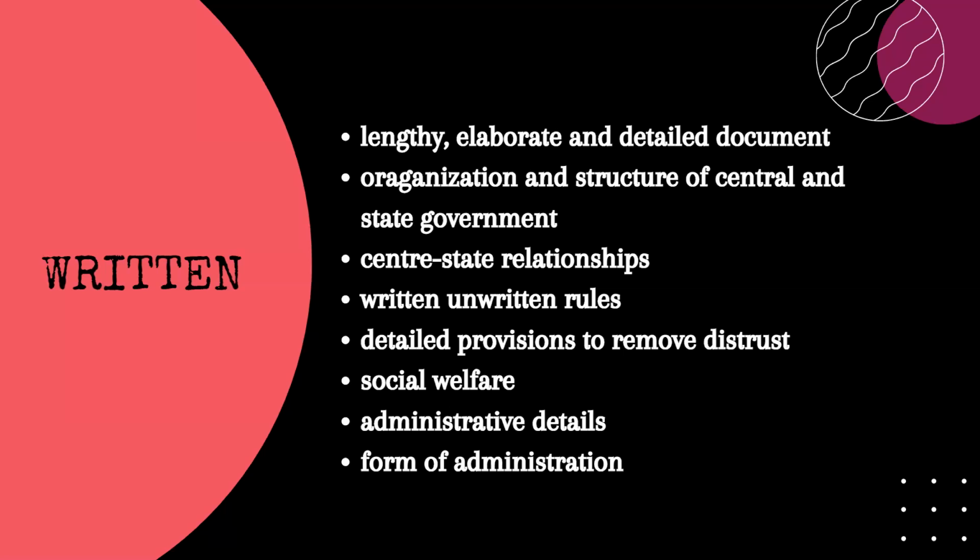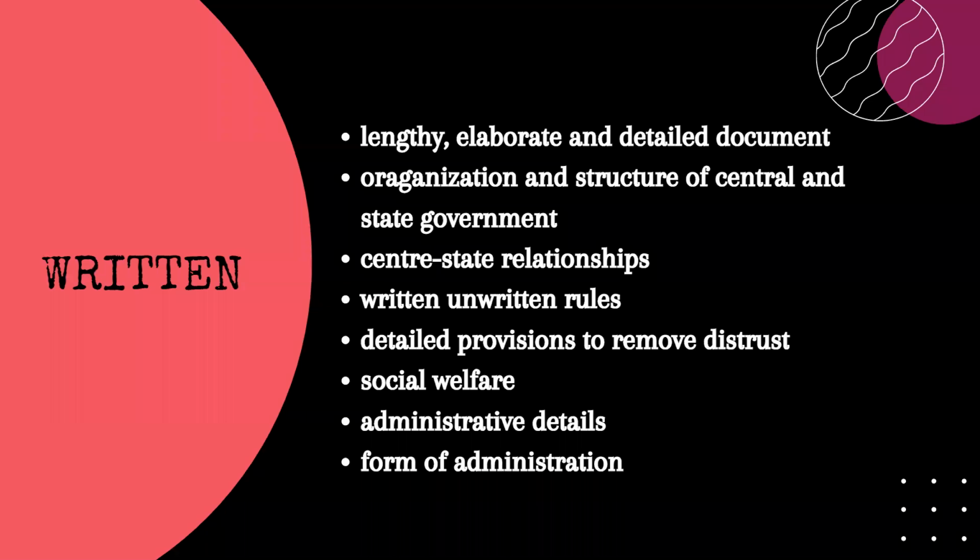Center and state relationship is a matter of crucial importance. While other federal constitutions have only given bare provisions on this matter, the Indian constitution has very detailed norms. Thirdly, the constitution has reduced to writing many of the unwritten conventions of the British constitution.